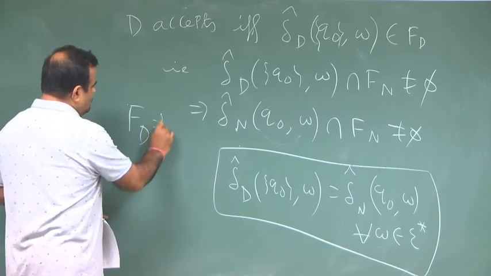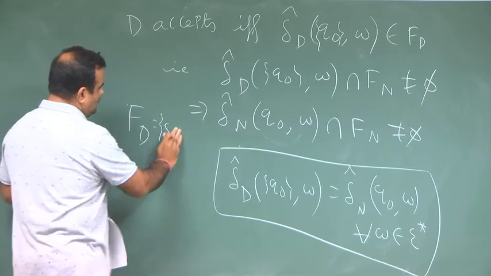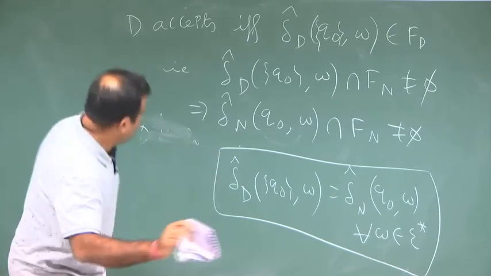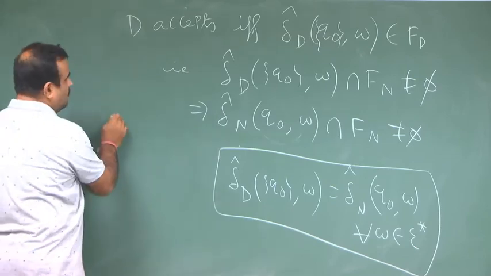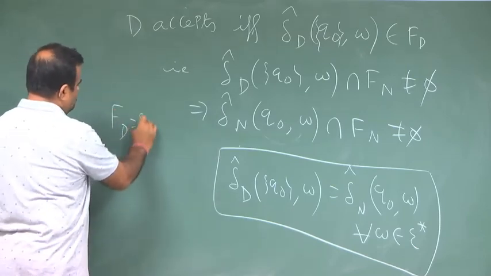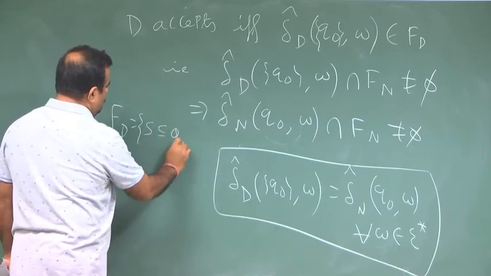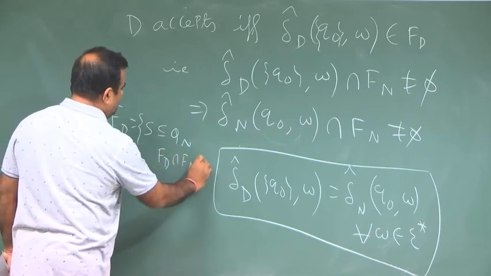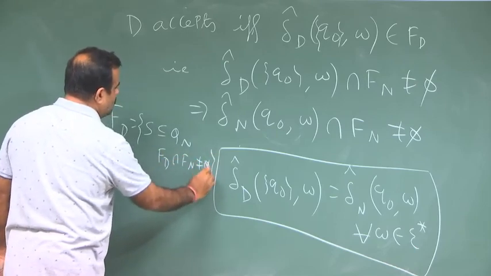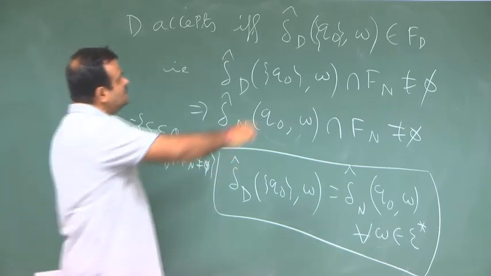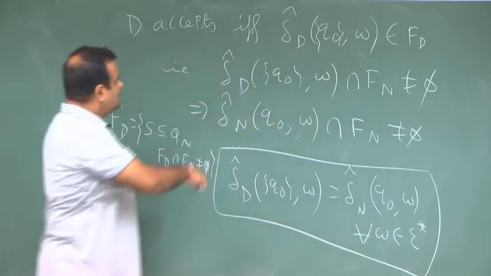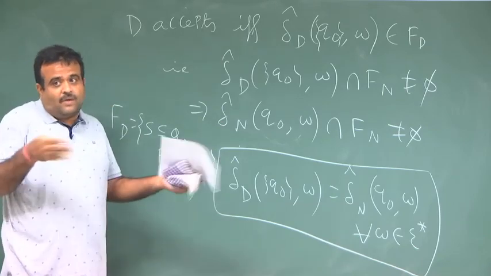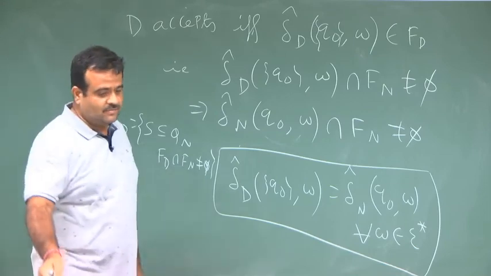So, it contains all the subsets of Qn such that the intersection with Fn is not null. So, at least it should have one final state. If it is reaching a final state, the same moves will give us a final state in the NFA. That is the way we have constructed it by the subset construction.